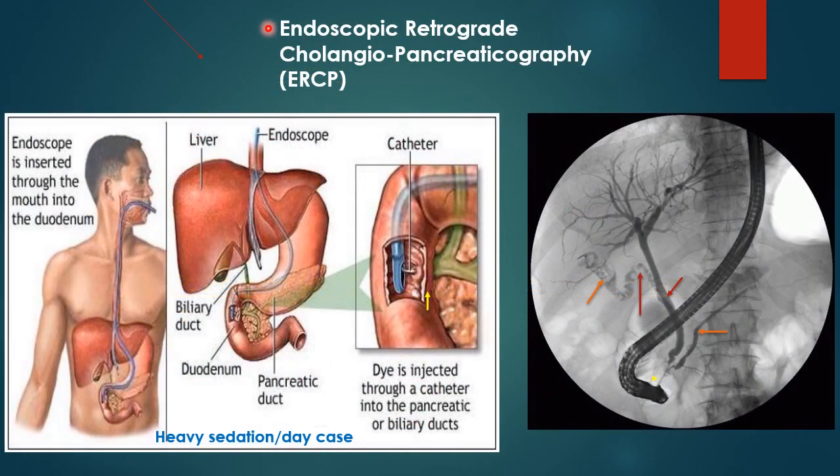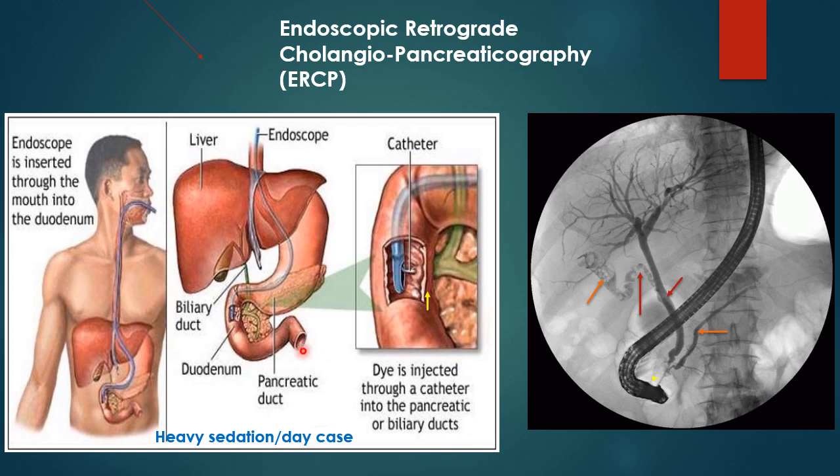And the last one I want to go through is ERCP. The ERCP is a procedure where a scope is passed through the mouth of the patient. This is a duodenoscope, and the scope reaches the second part of the duodenum here. The tip of the scope has a side viewing camera as well as a passage for passing in a catheter.